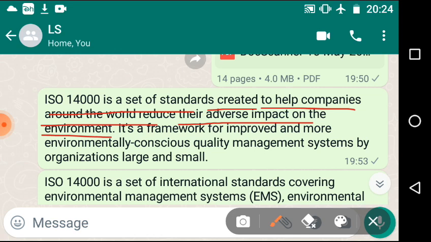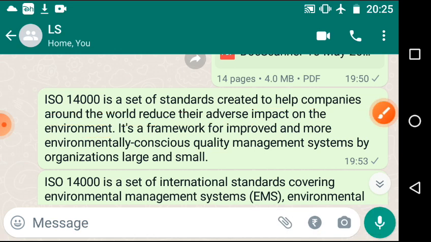So the standards mentioned in the ISO 14000 are based on environmental standards, which are administrative regulations, civil laws or rules that are implemented. That means they have to be put into effect. It is not just for documentation purposes. We have to put that law into effect for treatment and maintenance of the environment.